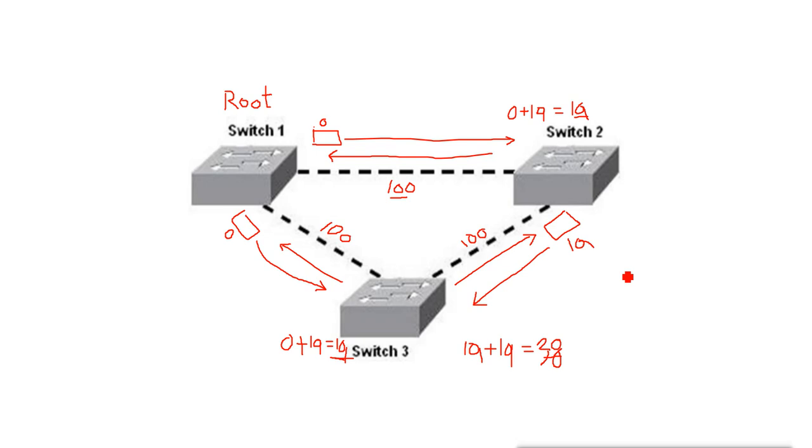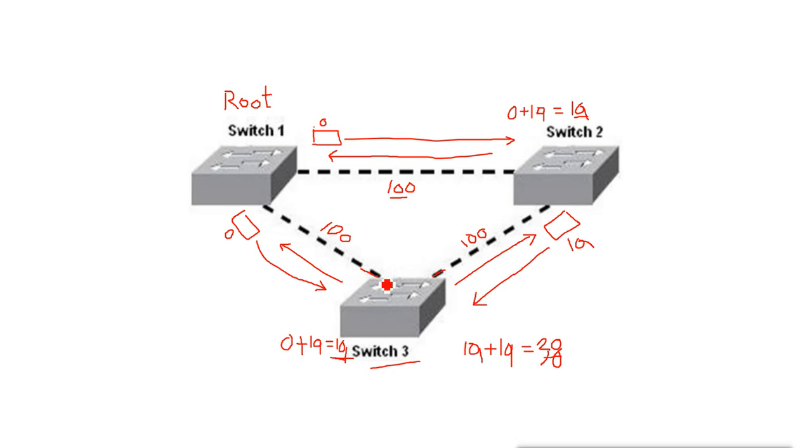Now because the other path is the redundant link. Now how does switch 3 know that this is my redundant link? Because the same root bridge BPDU is coming from the root bridge, and it is coming from this side also, and it is also coming from this side. So it is coming from this port also and this port also.